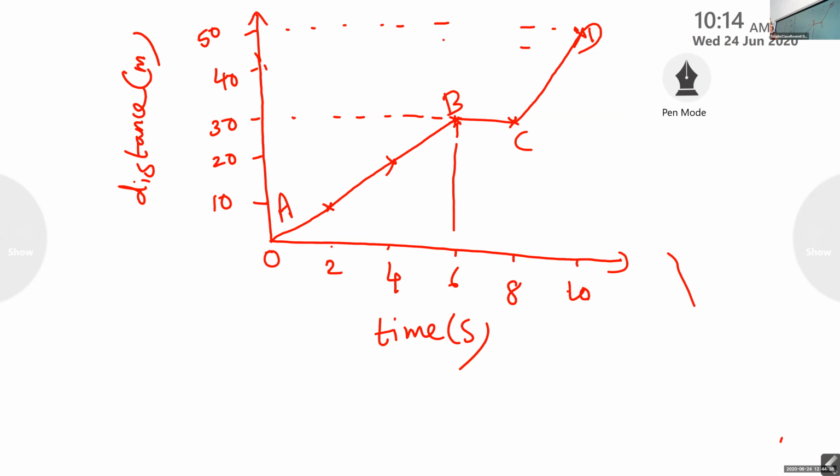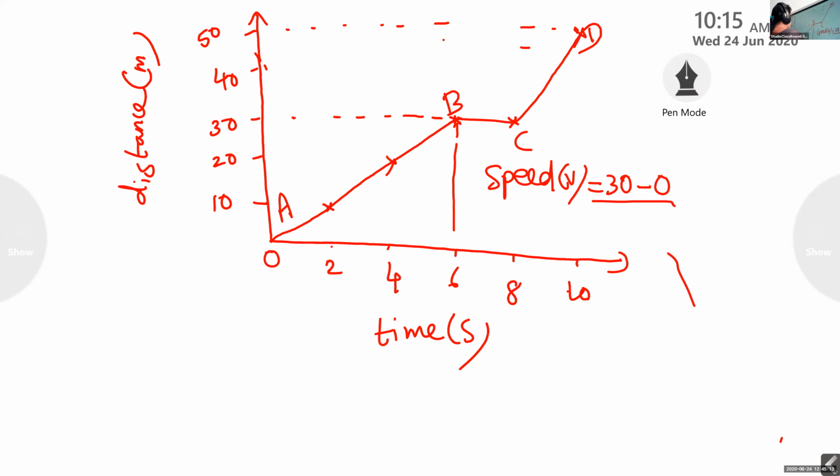Initial distance is 0. A is at 0. B is 30. Write down the answer, children. Speed or velocity we can represent with the letter small v. Speed v is equal to final distance minus initial distance. In the first 6 seconds the final distance is 30, so you can write 30 minus 0, that is the change in displacement, 30 meter.